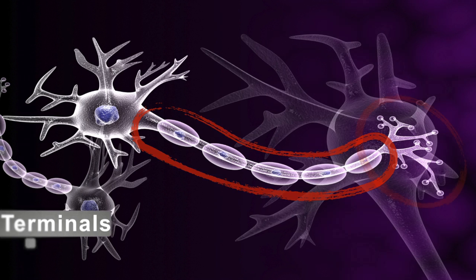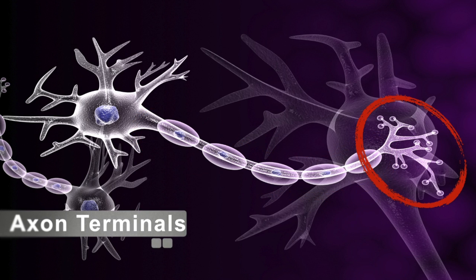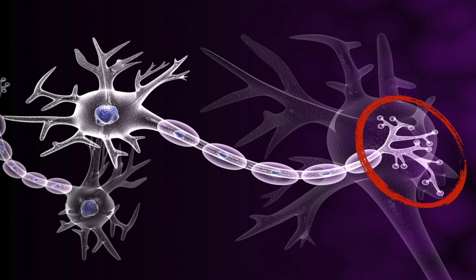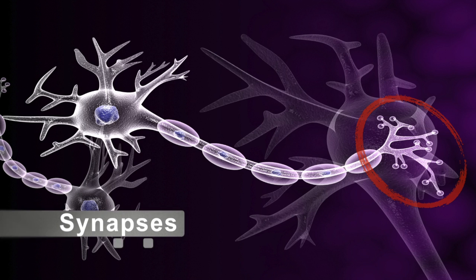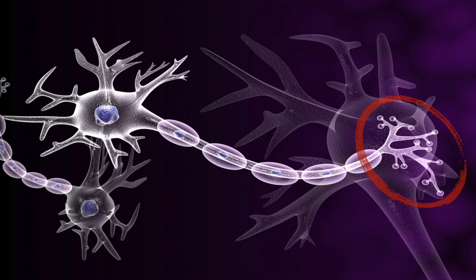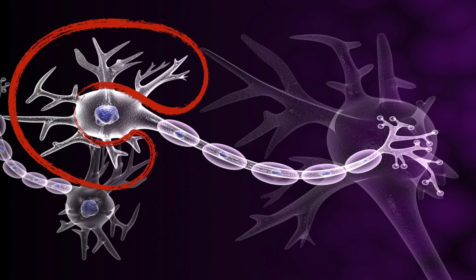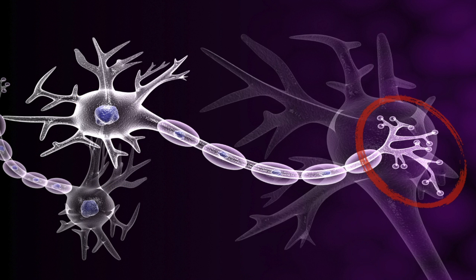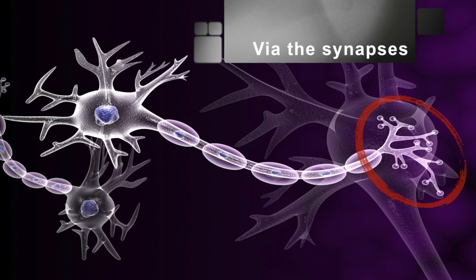And at the far end of the neuron are the axon terminals. Now, the axon terminals connect via synapses to dendrites of the next cell, generally speaking. There's a couple of different ways neurons will connect, but generally speaking, the dendrites of one cell connect to the axons of the cell before it.